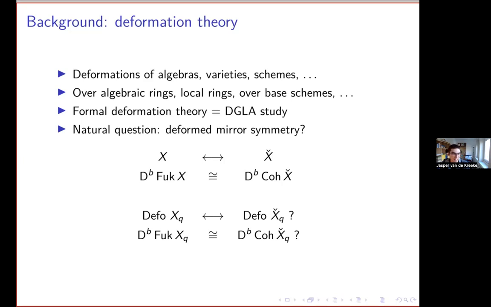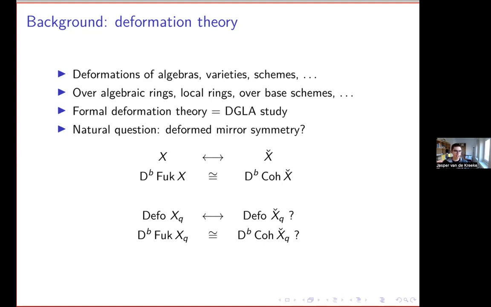So a natural question here is, once you have mirror symmetry, can you deform mirror symmetry in any sense? If we start with some X and we have a mirror X check, and we now pick some deformation, which I will always index by the letter Q, so a deformation X_Q, is there also a deformation of X check in any sense?